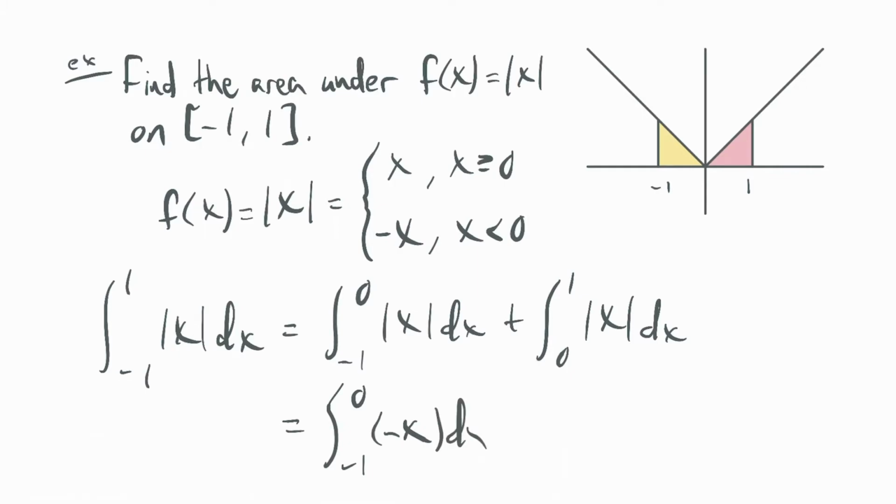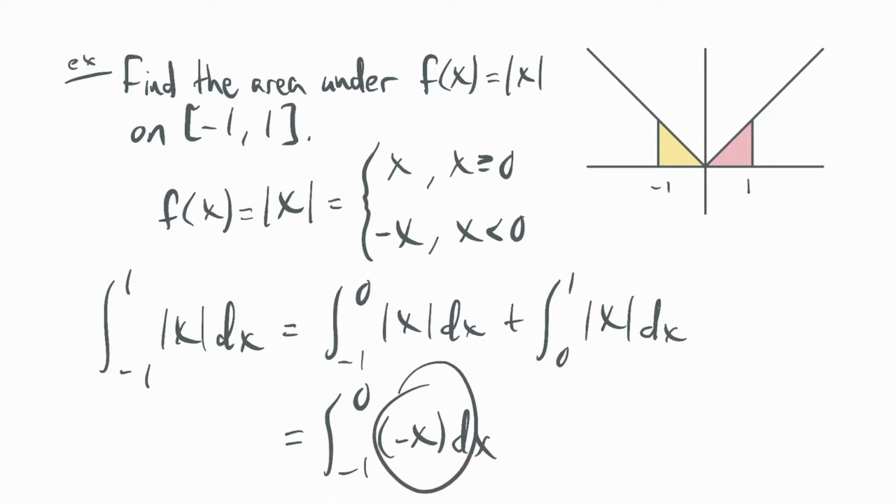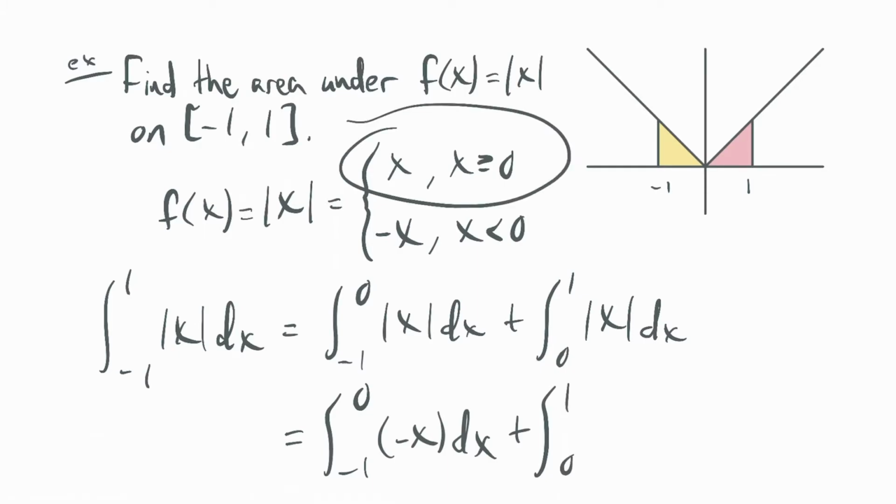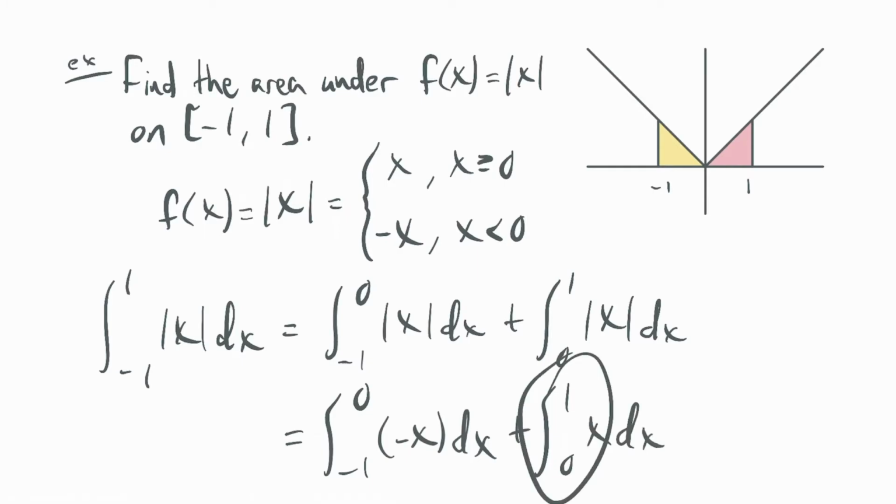And this one, I have an antiderivative for. Just use the power rule. Plus the integral from 0 to 1. So I know I'm using this section of the function. Just replace absolute value of x with just x. No absolute value bars needed, because everything in this interval is non-negative.